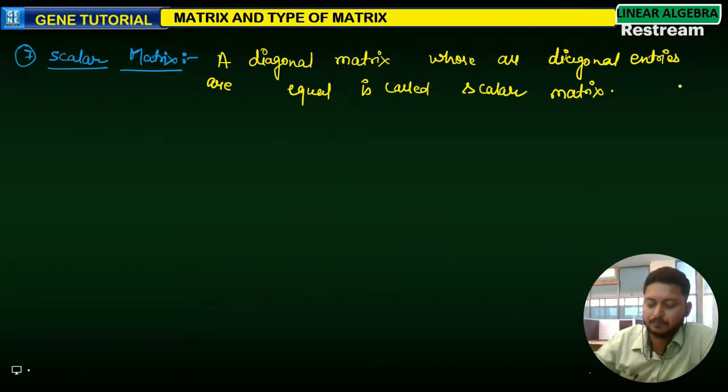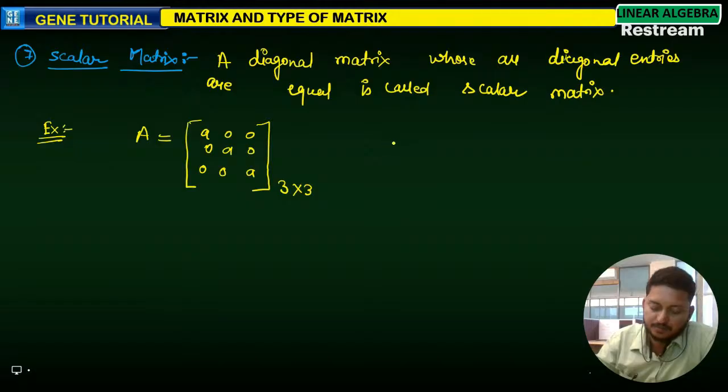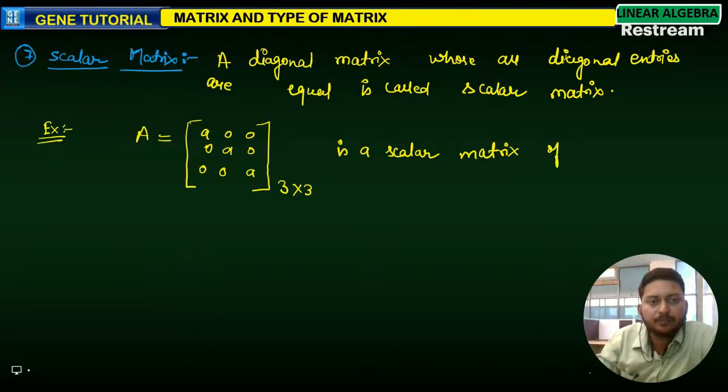Okay. An example is: A is equal to a 0 0, 0 a 0, 0 0 a, and the dimension is 3 cross 3. It is a scalar matrix of order 3.